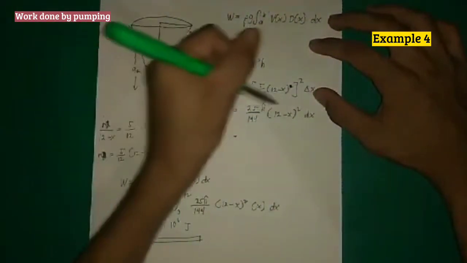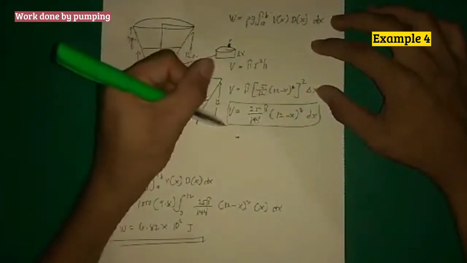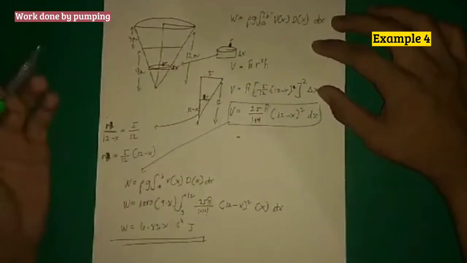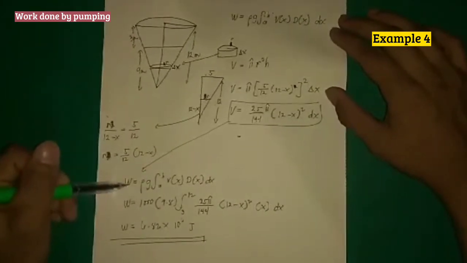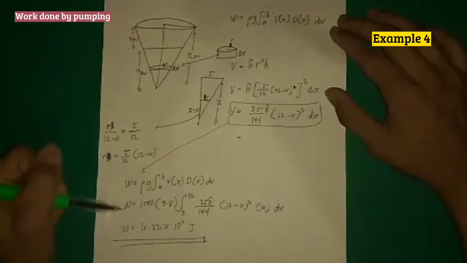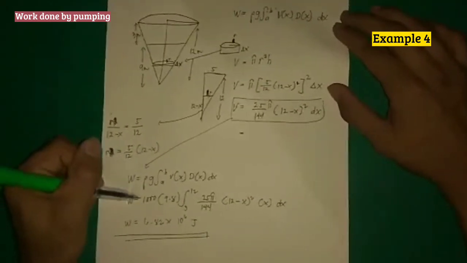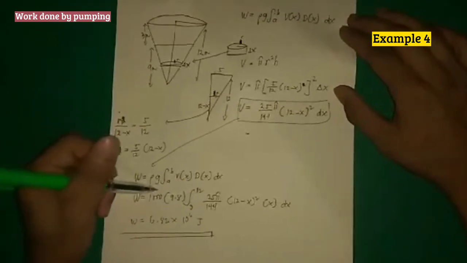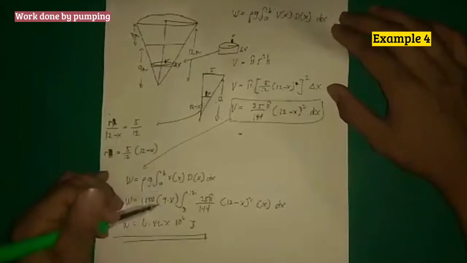dx. So since we have the volume, let's go to the final formula, which is the work. So let us substitute. Work is equal to the density of the water, which is 1000 kilograms per cubic meter, and the gravitational acceleration is 9.8 meters per second squared.